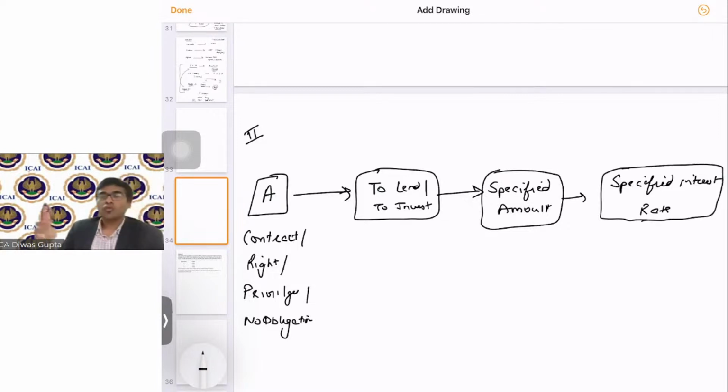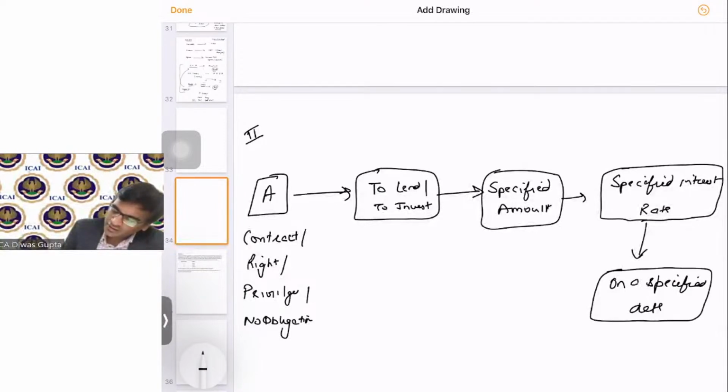Because we don't know tomorrow what the interest rate is, this contract says that the lending amount would be invested at this percentage on a specified date. Everything is similar to what we have seen in the first option.